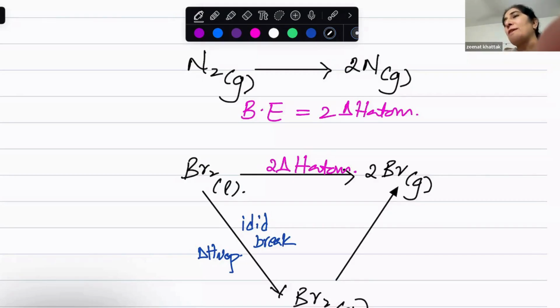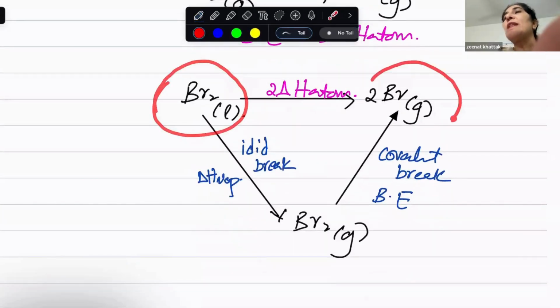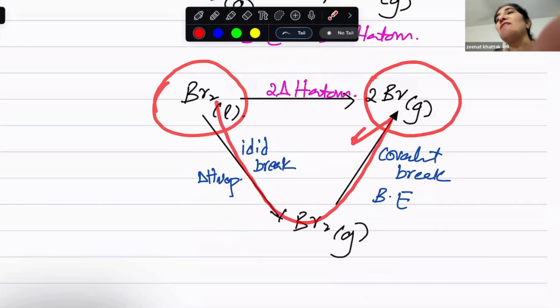Atoms. When the covalent break, it's what? Bond energy. Can we say that from bromine liquid to atoms, we can go this way and we can go this way? Is it a Hess cycle?